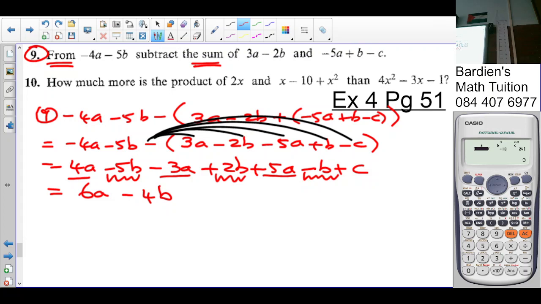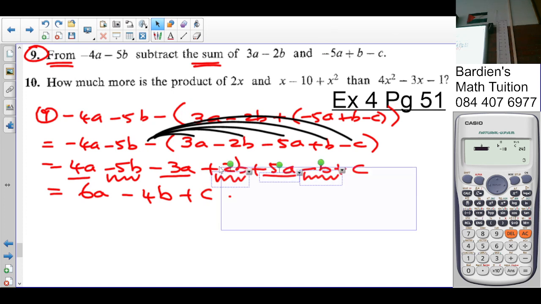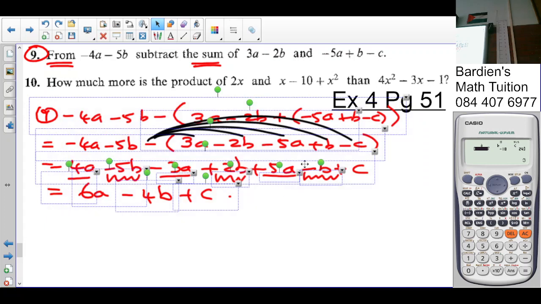Don't keep yourself brave, people, and not use your number line. You are going to lose a lot of marks. Plus c. Who got that sum right? Yes, nice. Alright, so full marks on you tomorrow if that sum comes in.